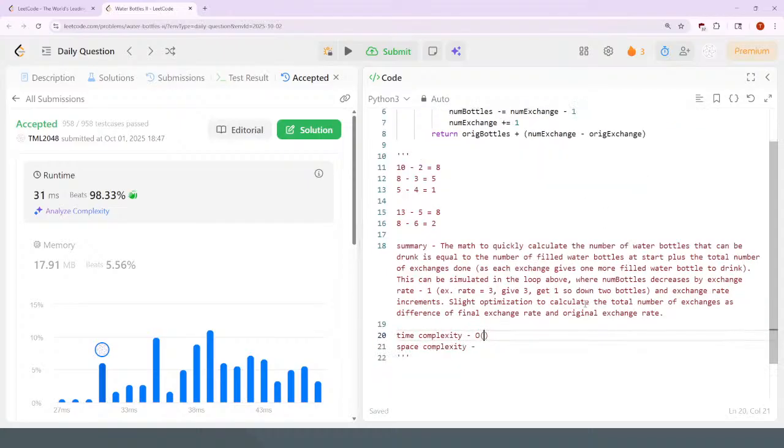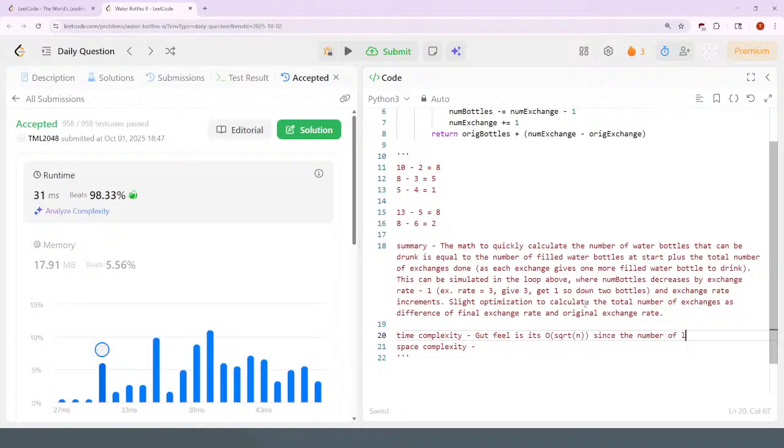Is the square root of n faster or slower than log n? I think the square root of n is slower than log n. Gut feel is it's O of square root of n.